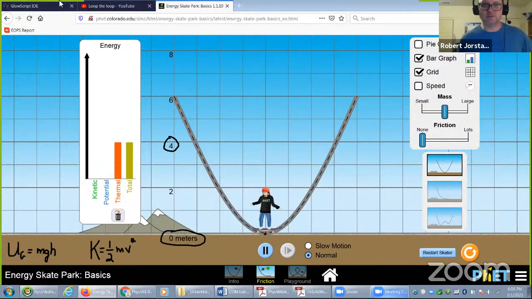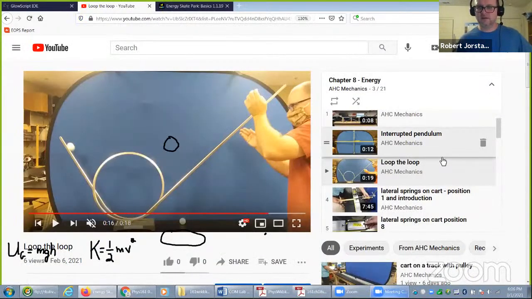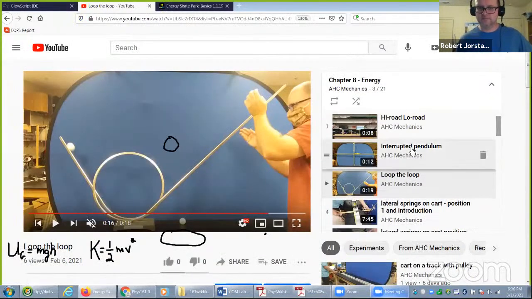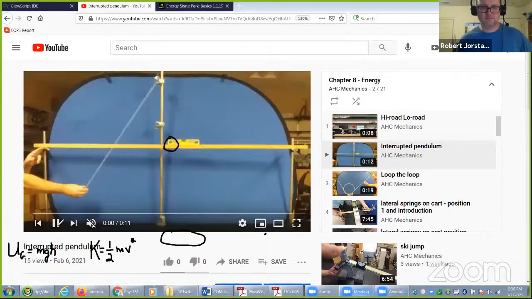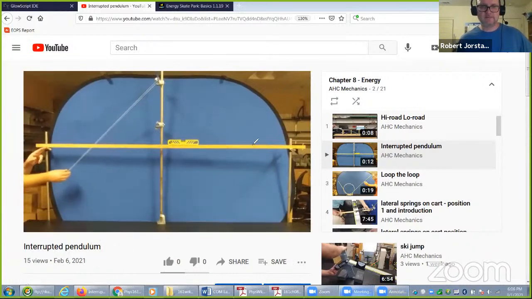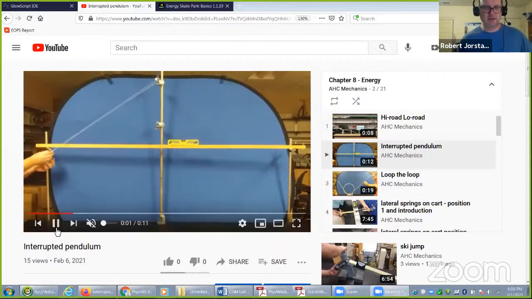So now let me go to right here. Let's go to this one. Okay, so here what we see is I'm lifting up this pendulum and I'm going to let go of it from right there. I don't know if you can see this.